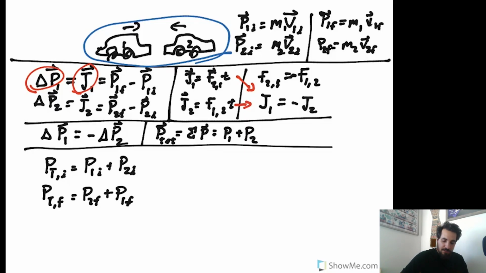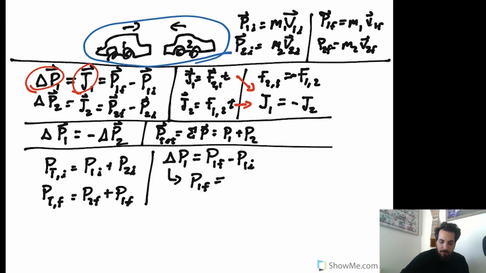And then we take this and we utilize some of the information we just found. Namely, that the change in momentum for car 1 is P1 final minus P1 initial. Or we can rewrite this and say P1 final is equal to delta P1 plus P1 initial.